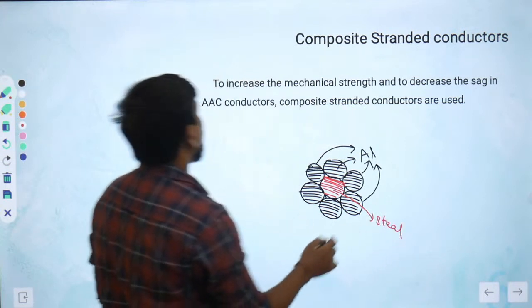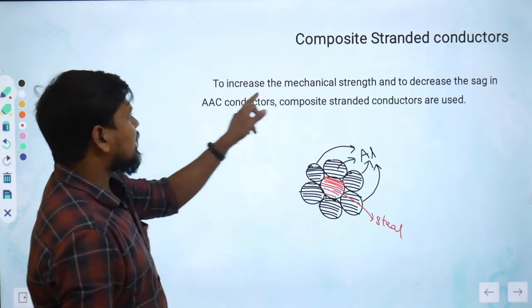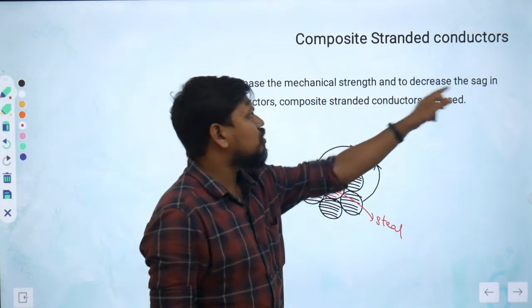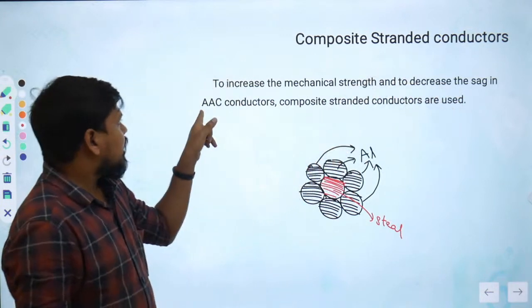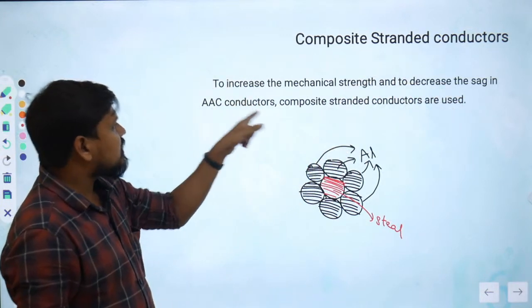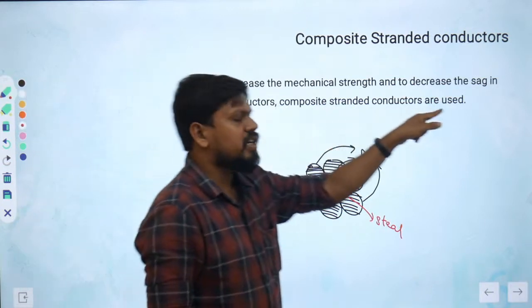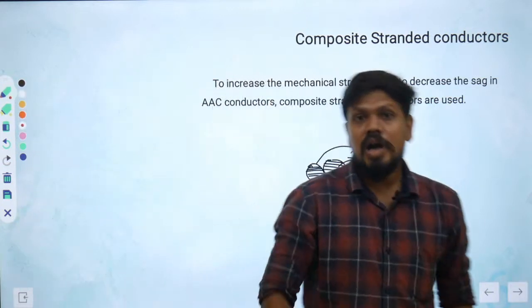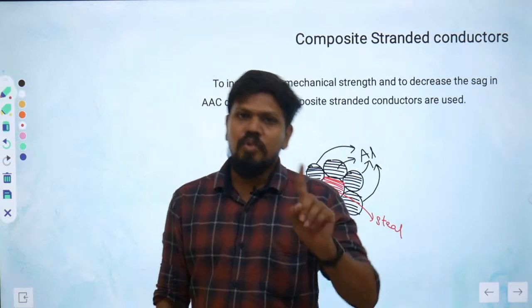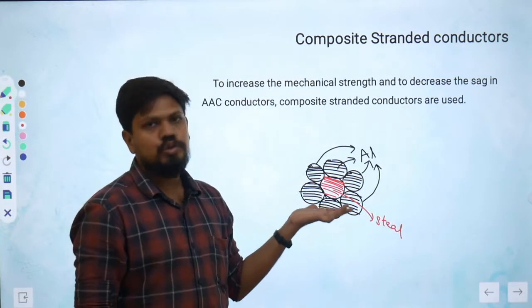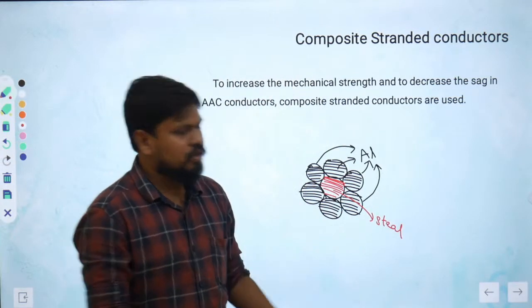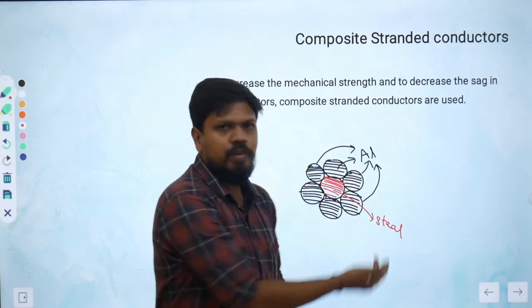You can see the statement whatever I have given. To increase the mechanical strength and to decrease the sag in AAC conductors, composite stranded conductors are used, okay? Composite stranded conductor means more than one type of material we have to use, that's it. If you want, you can use different types of conductors.